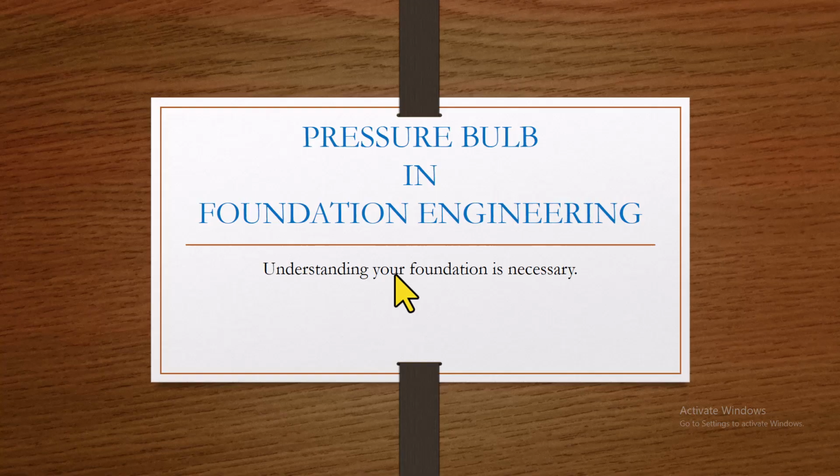We also went on to discuss what the cohesion value of a clay soil tells you. We discussed that in the other videos as well. So you see that the main aim at the moment is to make sure that we understand foundations and we understand our soil. Okay, so let's go into today's business.